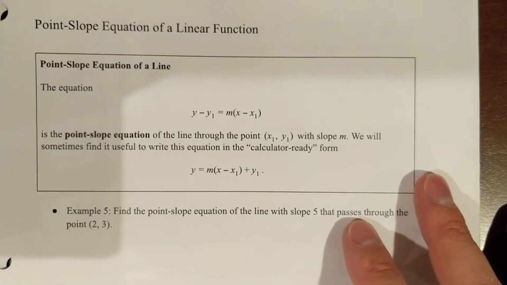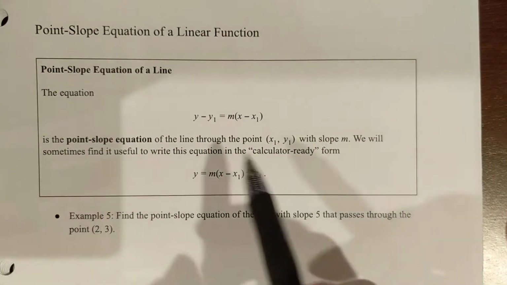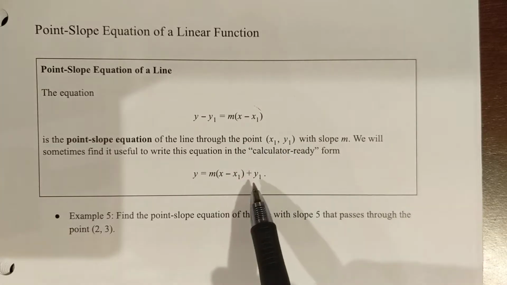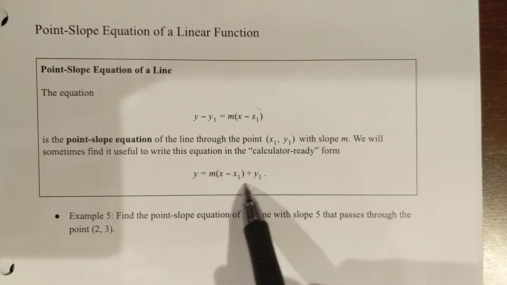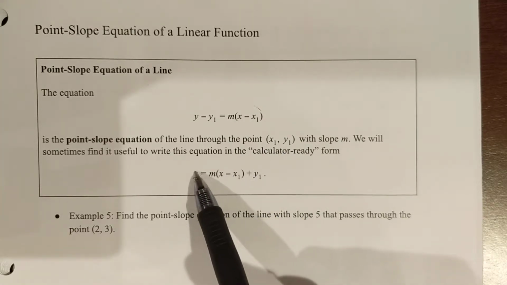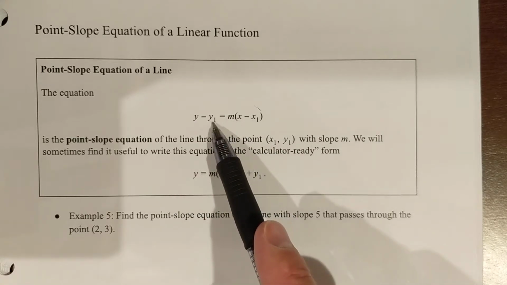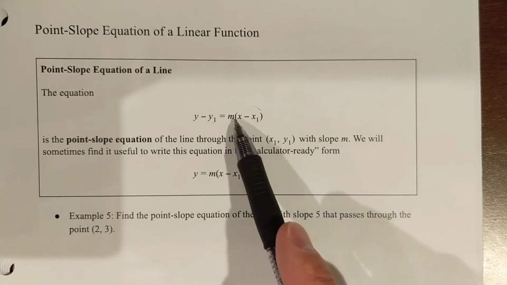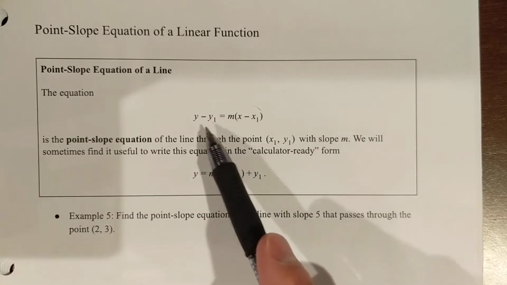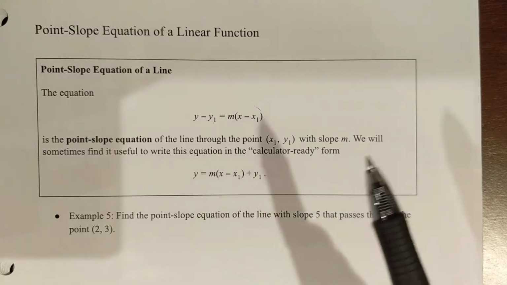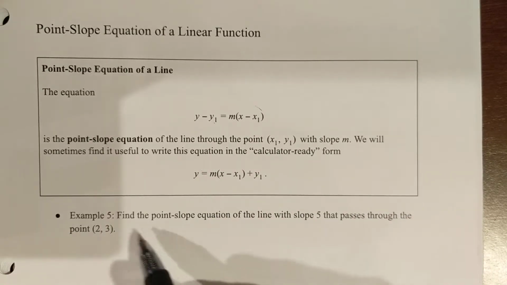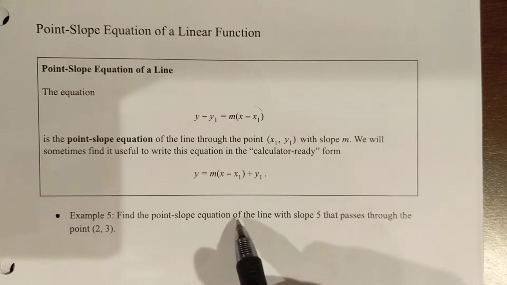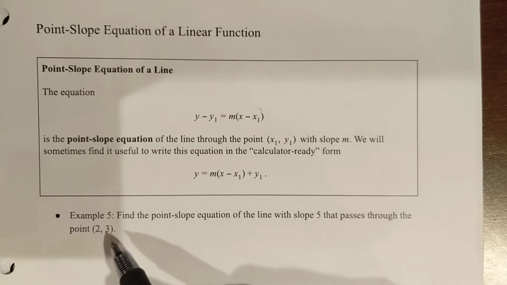Let's flip it over here. Okay, so here we have a point slope equation. Sometimes you'll see it written like this because this is already solved for y. So in this equation, y1 and x1 are the coordinates for a point, and m is the slope of the line. So this y and that x will stay y and x. So example 5, find the point slope equation of the line with slope 5 that passes through the point 2, 3.